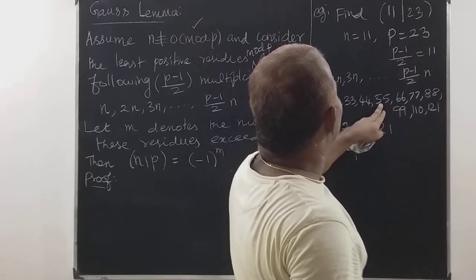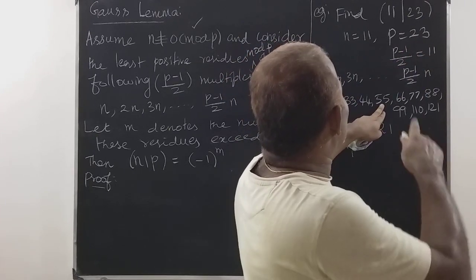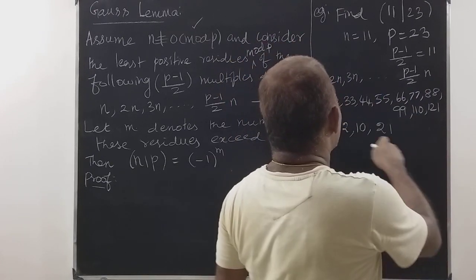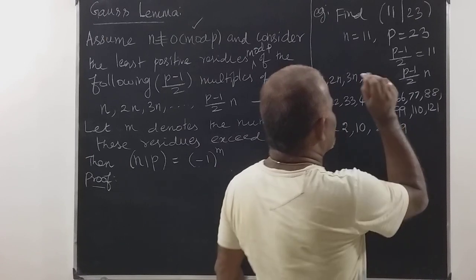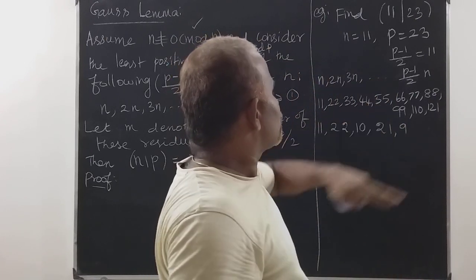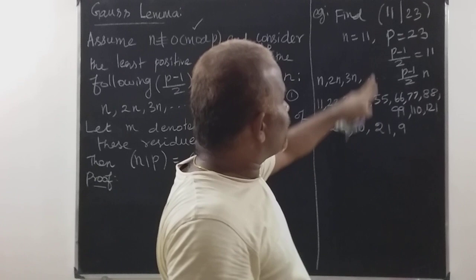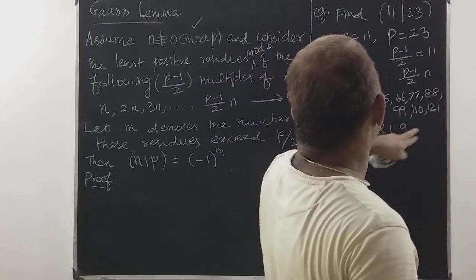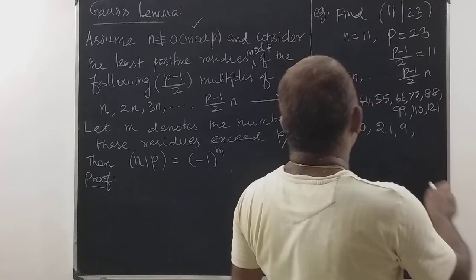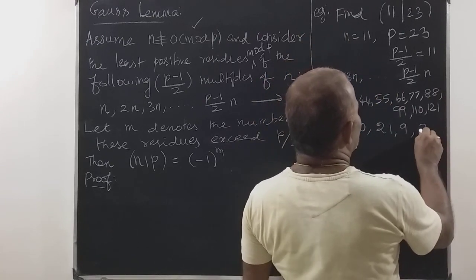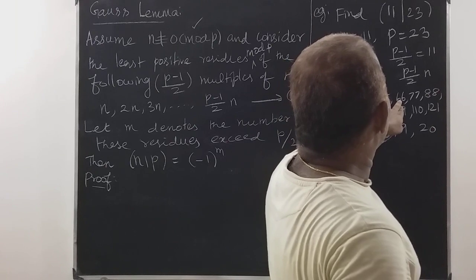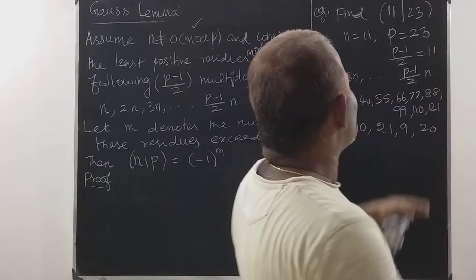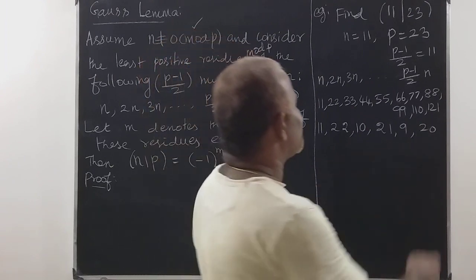When we divide 55 by 23, 2 times is 46, so 55 minus 46 is 9. Similarly, dividing 66 by 23, 2 times is 46, so 66 minus 46 is 20.